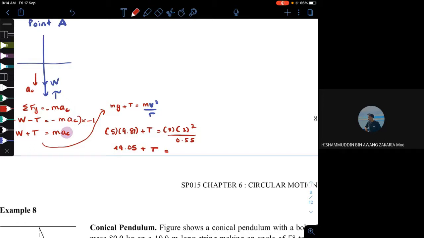Okay. So this one you will get 81.82. So to find the value of T is minus lah. 81.82 minus 49.05. So this one you get 32.77. Okay. Okay kan?